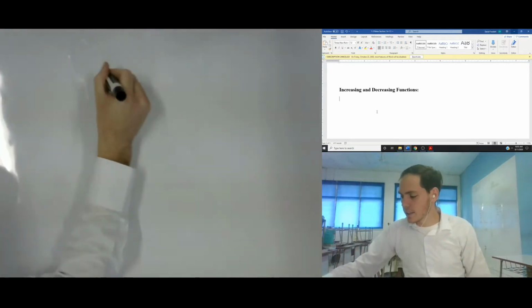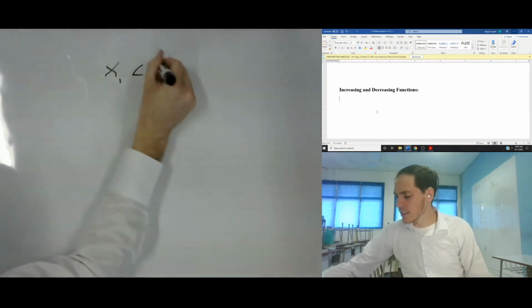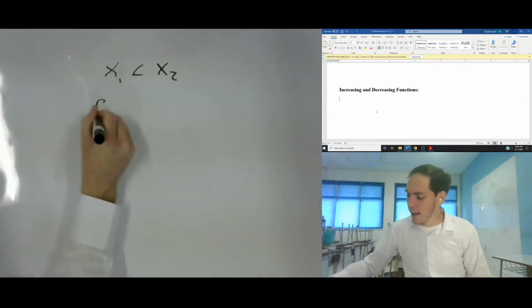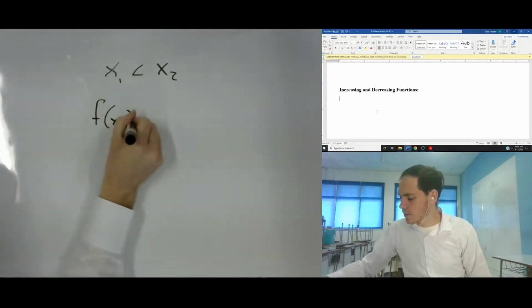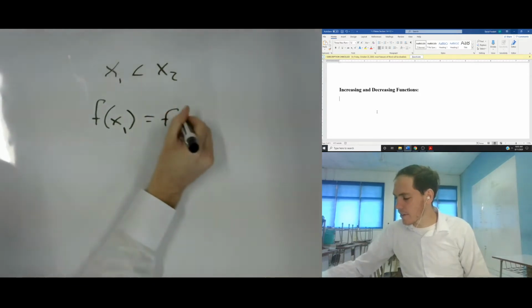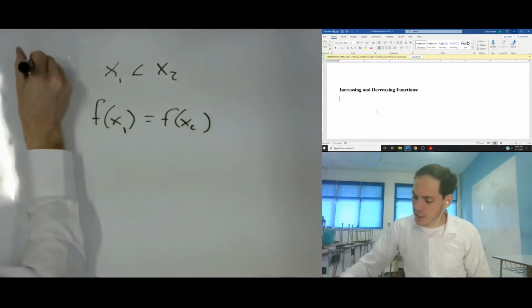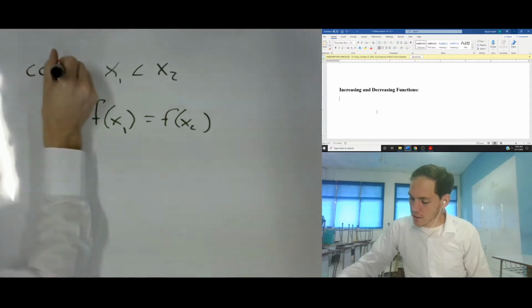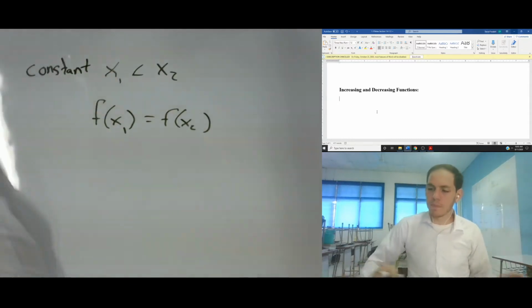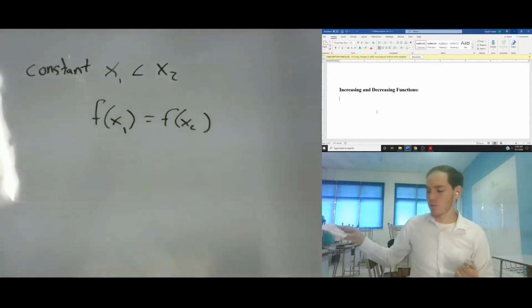Constant means as x1 is less than x2, our f of x1 is going to be equal to our f at x2. Okay, so this is constant. The idea is it doesn't change no matter what the situation is. There's analogies you could draw, but we'll keep moving.